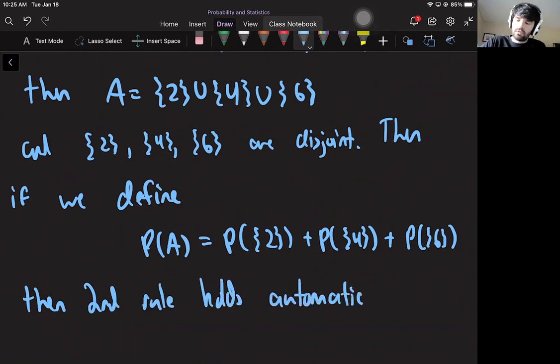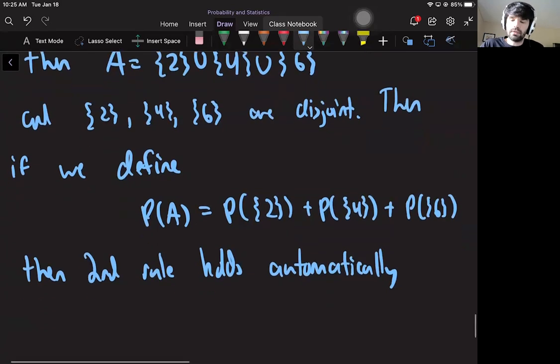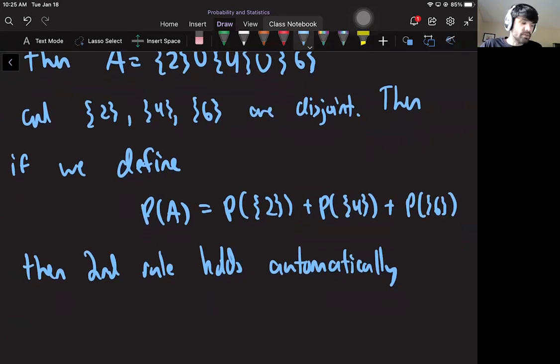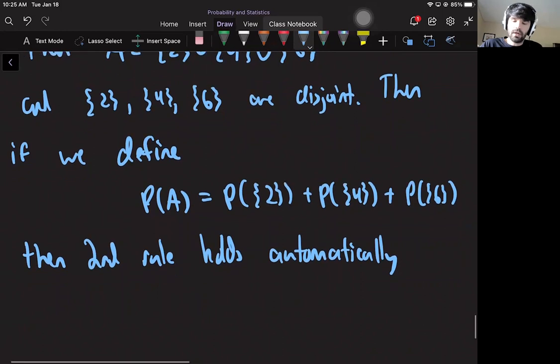We don't even have to check it because we defined the probability in such a way that the rule is enforced.